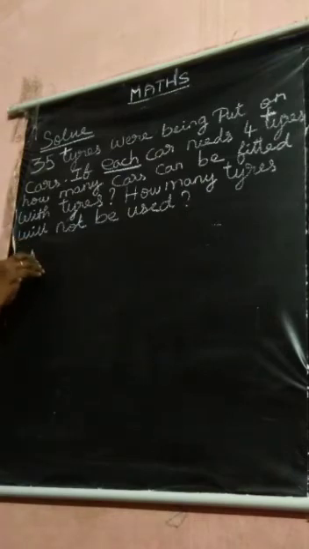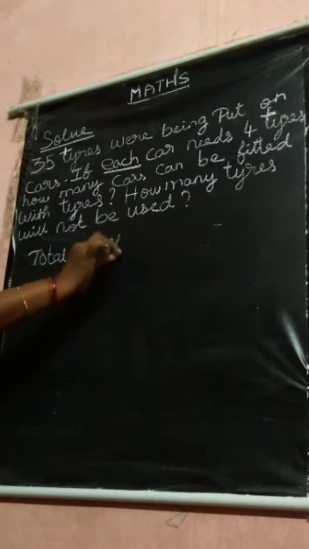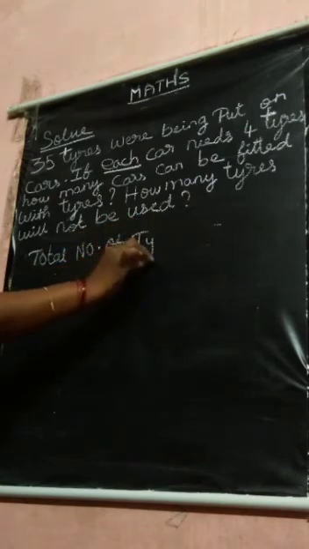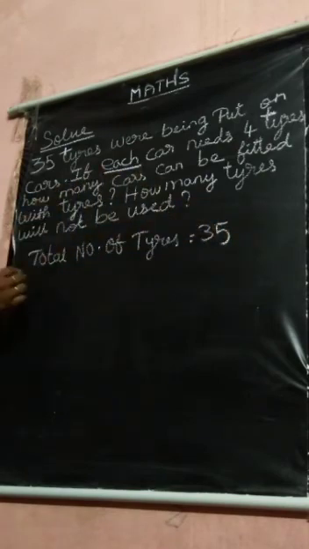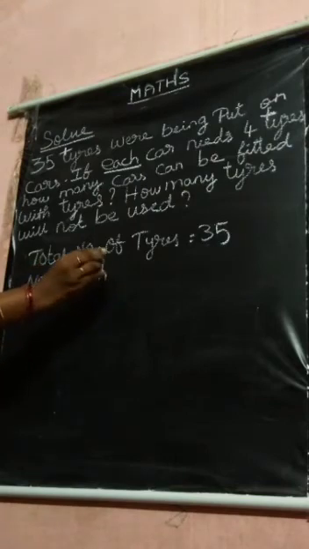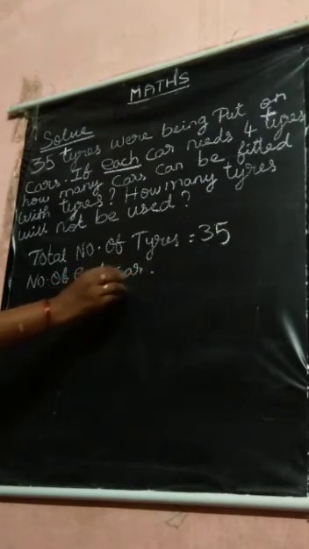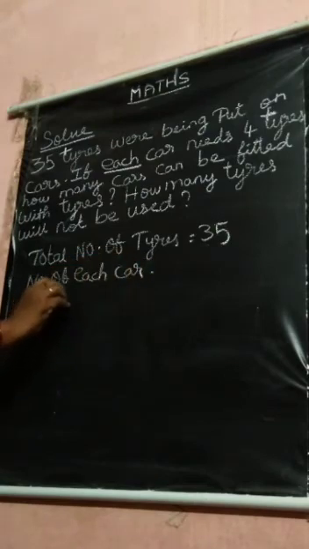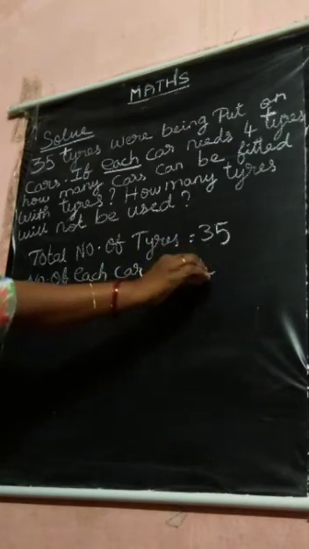The question is given. Total number of tires: 35. Number of tires each car needs: 4.